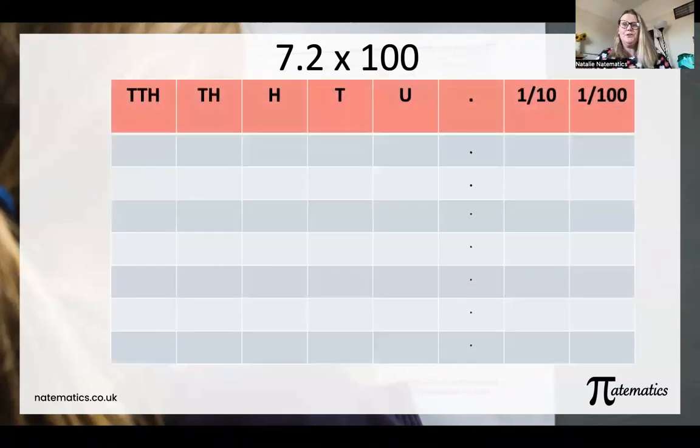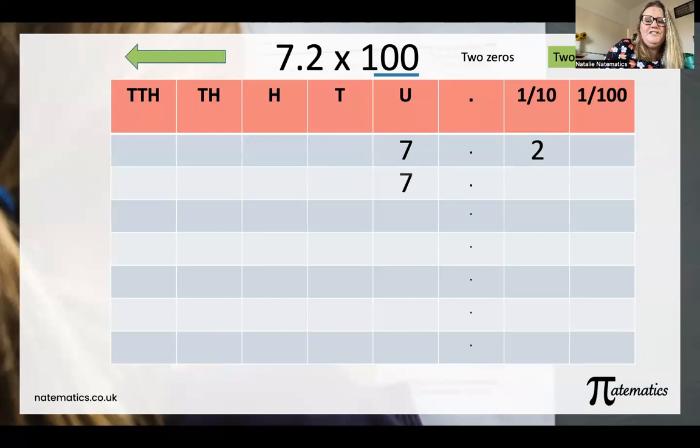So let's do 7.2 times 100. So 7.2 multiplying by 100. How many zeros have we got there? 2. So we're multiplying by 10 and then by 10 again. That's another way of thinking about it, that we multiply by 100 is 10 times 10. So it's 1 space multiplied by 10, another space multiplied by 10, depending on how you understand these numbers. So 7.2, we're going to move it 2 spaces to the left.